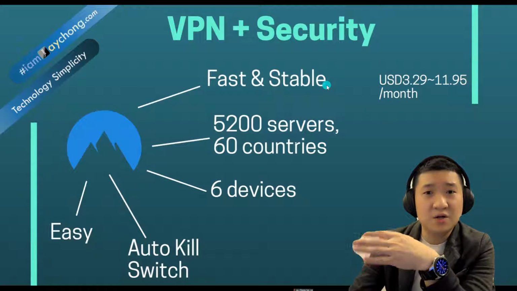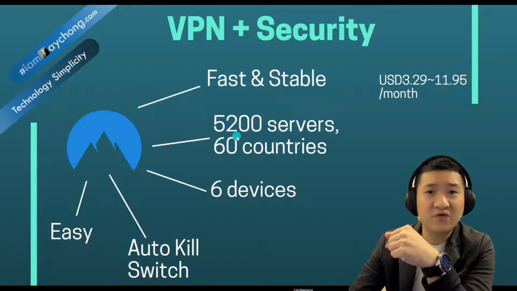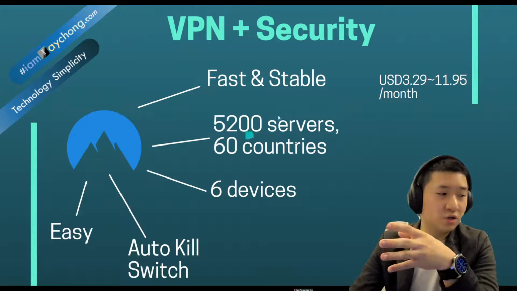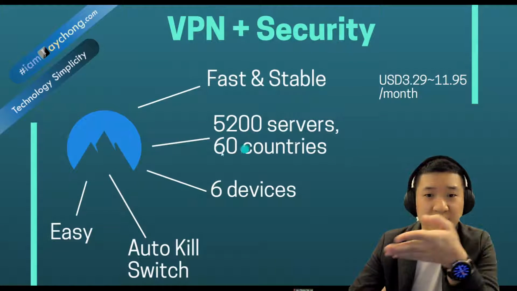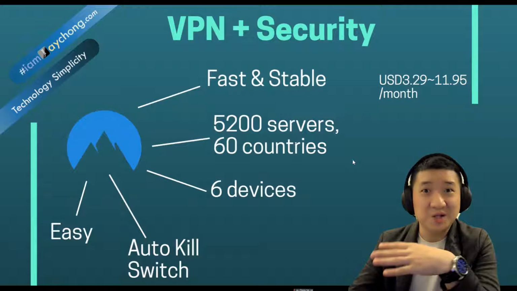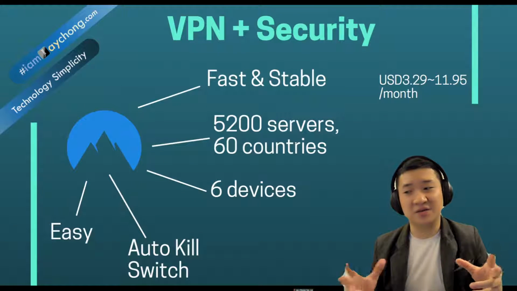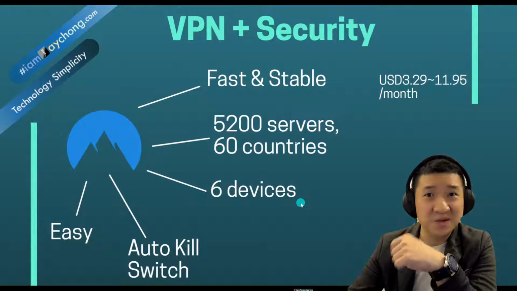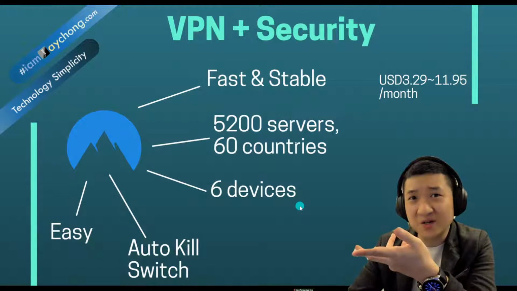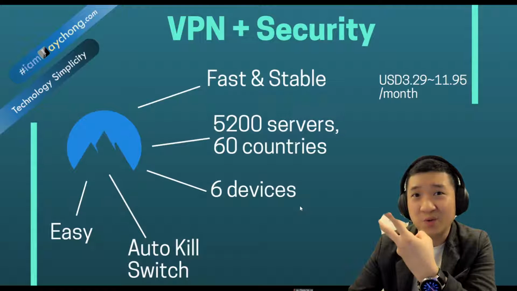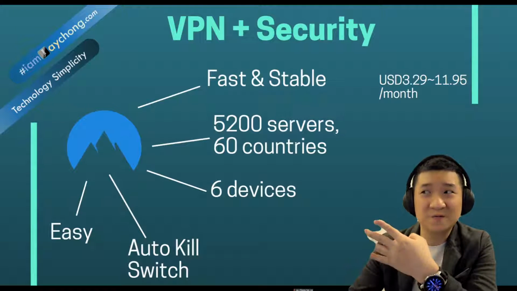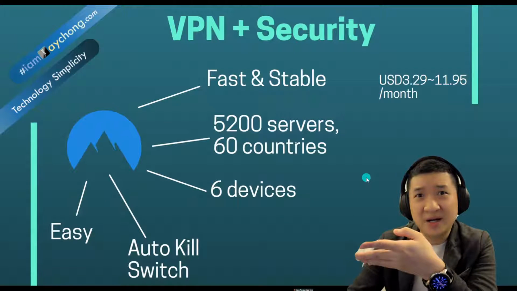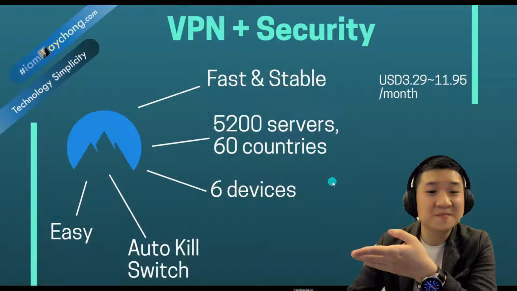It's fast and stable, and they have 5,000 plus servers around the world, from 60 countries, so it's quite a lot. And once you subscribe to the Pro plan, you can use up to 6 devices. So basically, you are not using it alone. If you're just using 1 or 2 devices, you can pass it to your housemate, your partner, or your family members who want to use it.